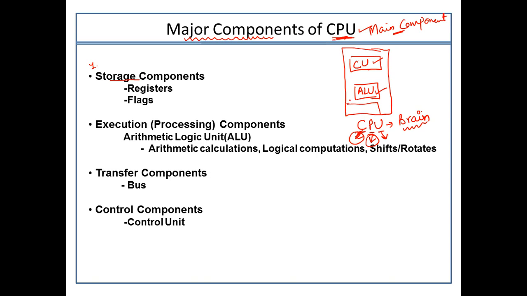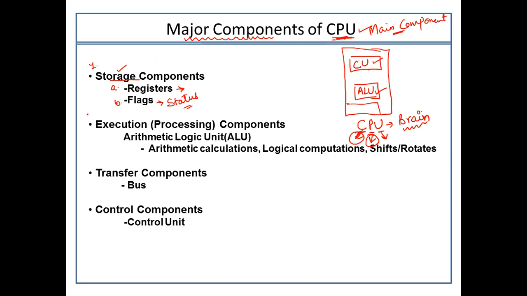Yes, the space would not be that large compared with the memory, but for its functionality, for fast execution or processing of the data, it has some storage components available in the form of registers as well as flags. Registers we usually know, which are basically the place to store the data, right? And flags are usually used to determine the status of any particular register or component. So broadly, the two storage components we use within the CPU are the registers and flags.